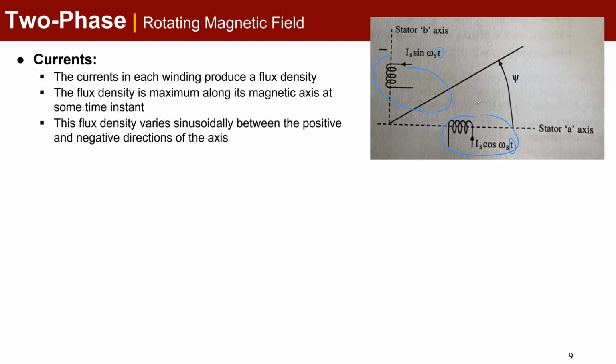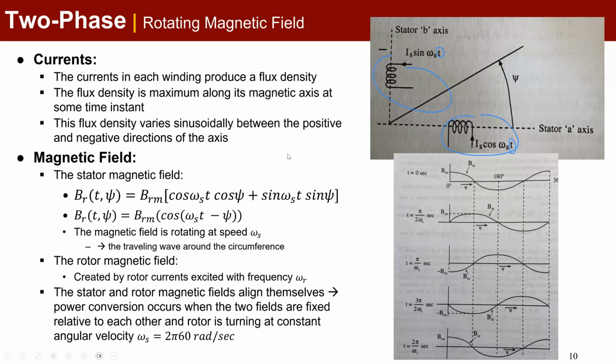So if we have a flux density that's varying with respect to time, then we can expect our magnetic field to vary with respect to time too, like we see here. And our magnetic field is actually rotating at a speed of omega s, or the frequency that our stator is moving.